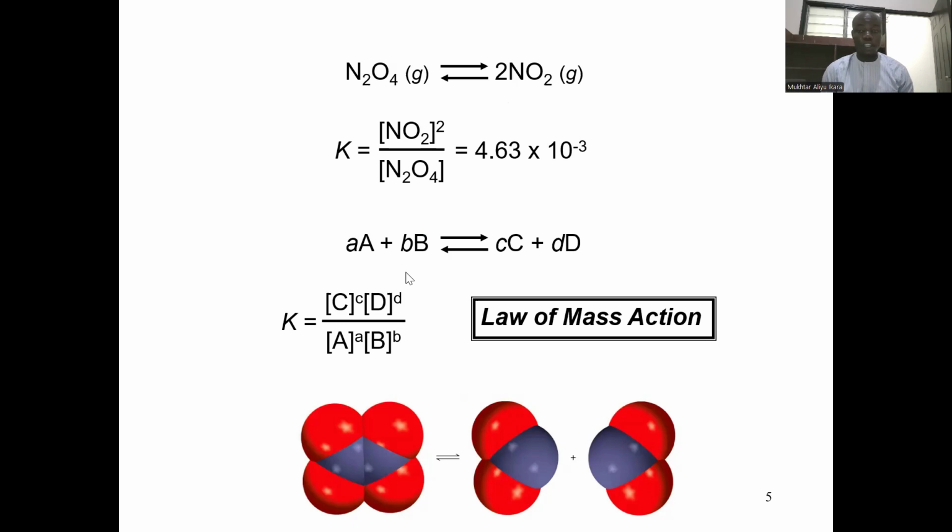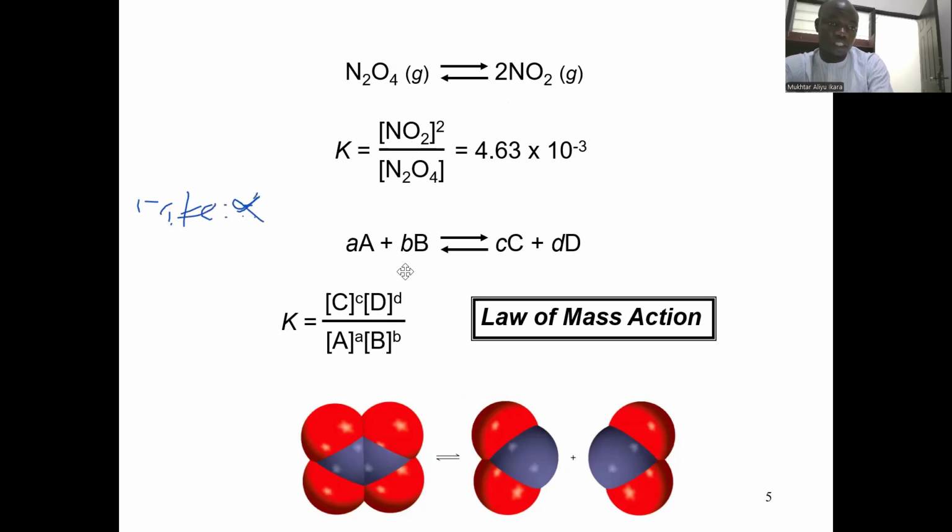If we look at the rate of the reaction, we can clearly see that the rate of the reaction is directly proportional to the concentration of each of the reactant particles.